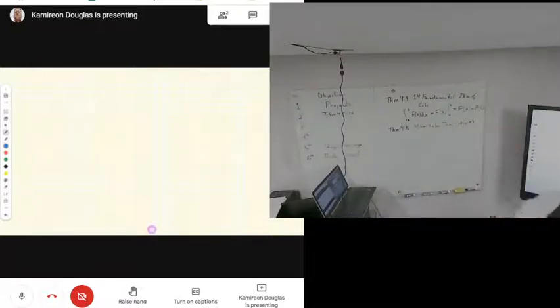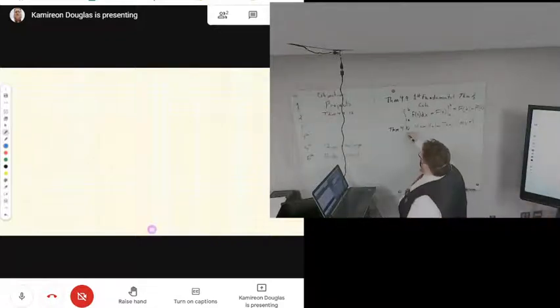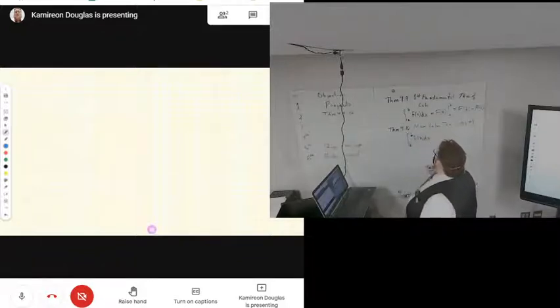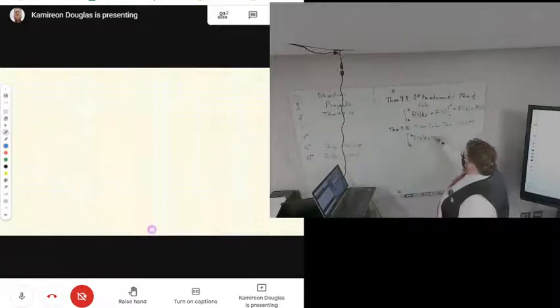Now, I'll write the theorem first, and then kind of explain where it comes from afterwards. The integral from a to b of f of x dx. You notice that this b stays consistent. What is it equal to? f of c times (b minus a).